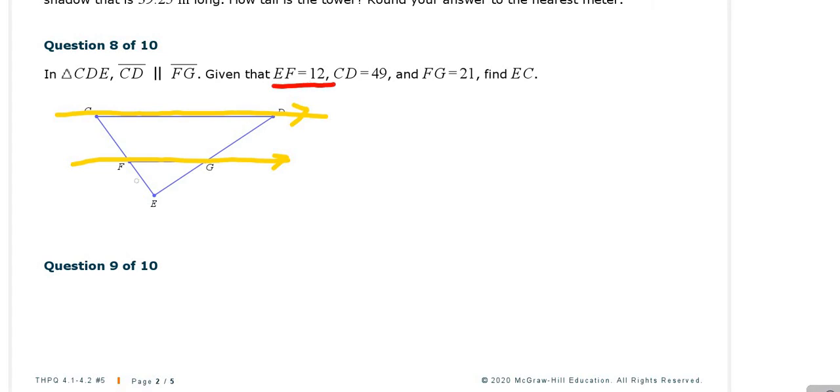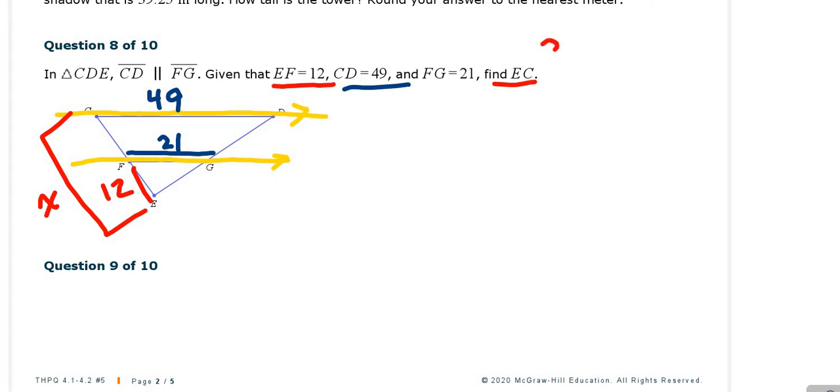EF is 12. CD is 49. FG is 21. Find E to C.